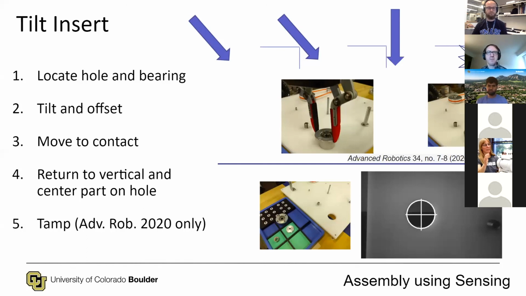Another bottleneck is that we're hoping, but haven't confirmed yet, that what we learn for these insertions isn't specific to the mating of two specific parts. The hope is that we find features that are transferable between all tilt operations or all spiral insertions, so that we're not having to run 450 trials for each mating of each pairing of parts in an assembly. I hope I answered the question.